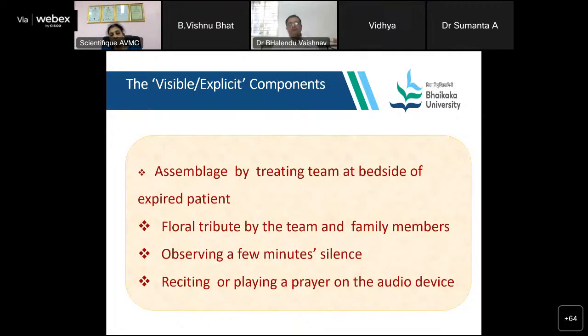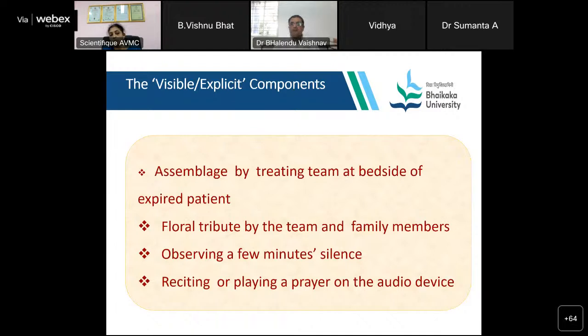Now, I will be showing the picture of the Code Krishna a little later, but it is a visible component, or we call it an explicit component. It comprises an assemblage by the treating team at the bedside of the expired patient. So when the patient expires, the treating team will stand at the bedside and pay floral tribute.